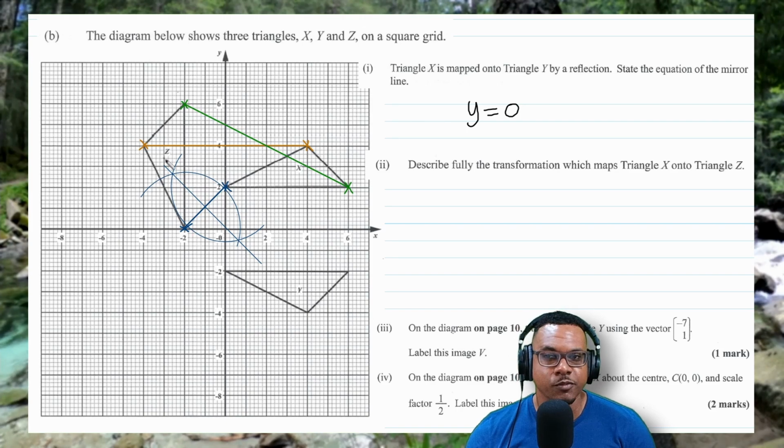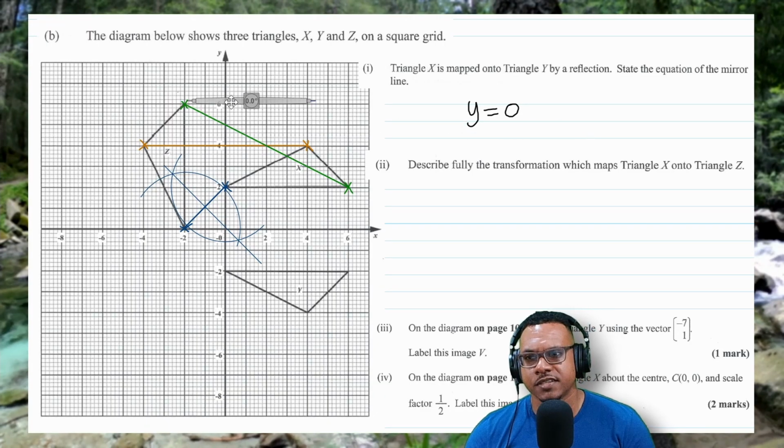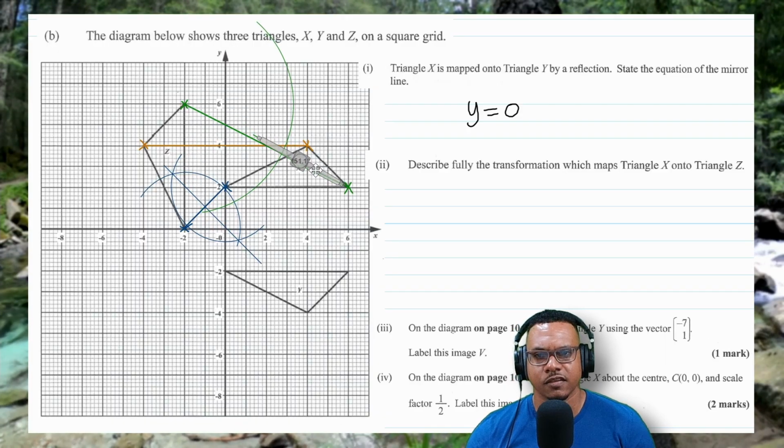Now I'll do the same thing with either this line here or the one in green. I'll go with the one in green. I'll get my compass again, place it at this point here, and open my compass out to more than half the line. I'll make an arc like this. Then place the compass point down here and make an arc like this.